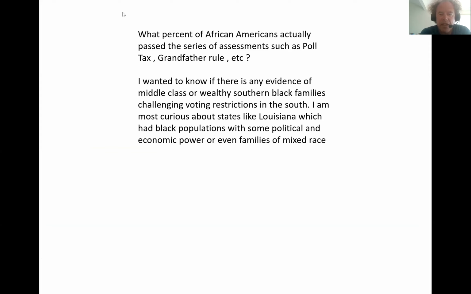What percentage actually passed the series of assessments, and did middle class or wealthy Southern Black families challenge the restrictions, especially in states like Louisiana or, as we move into the 20th century, Georgia, where there is some political and economic power for Black families, or in Louisiana, where you do have this kind of mixed race class? Both of these are excellent questions.